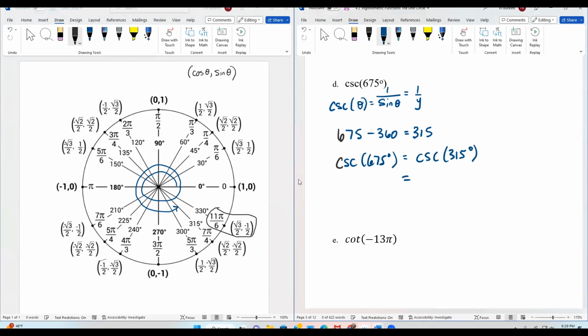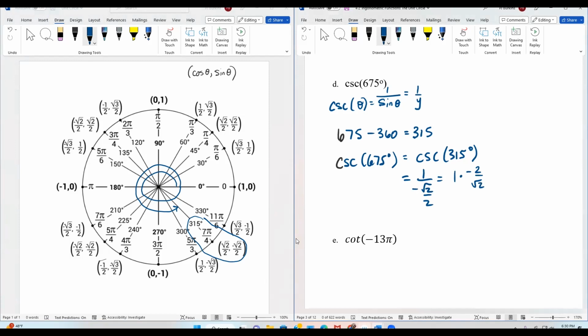And according to this, the y coordinate of 315 degrees. All right, let's go ahead and make sure I look at the right thing here. We're looking at this guy. The y coordinate's negative √2 over 2. So this is 1 over negative √2 over 2. Then if I flip and multiply, this is 1 times negative 2 over √2.